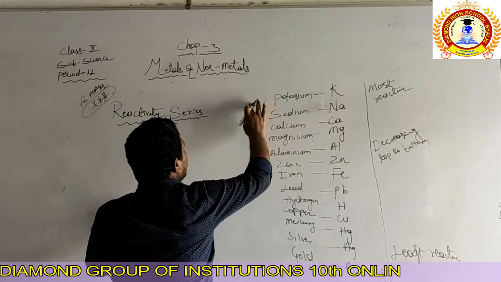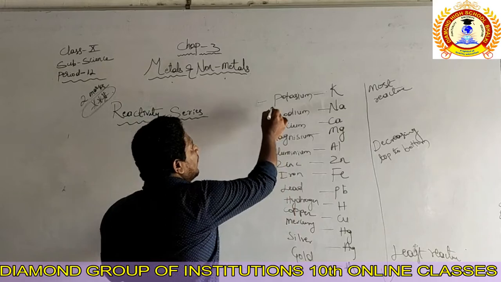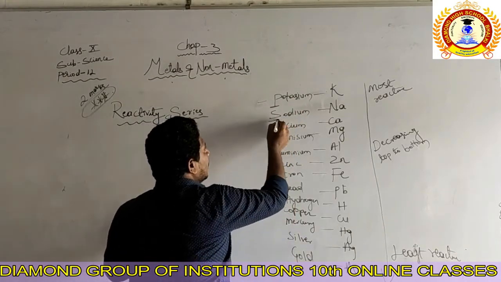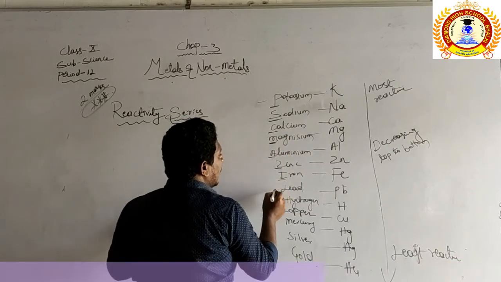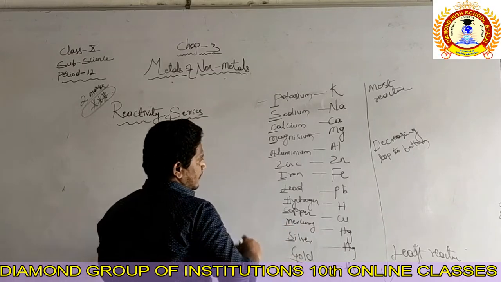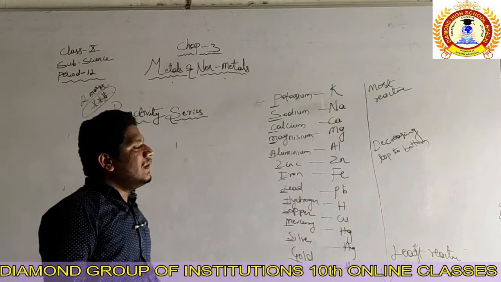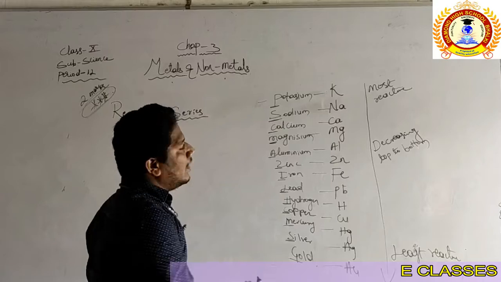I showed you this trick in the first chapter only. I will take the first letter of all these elements: P, S, C, M, A, Z, I, L, H, C, M, S, G, and find an easy way to remember all of them.